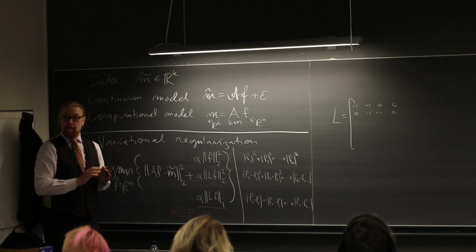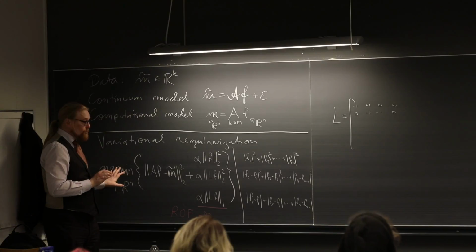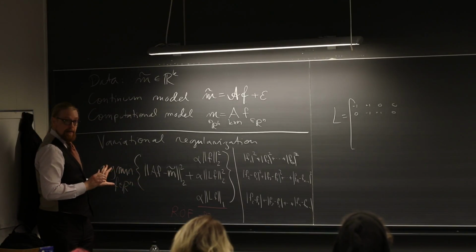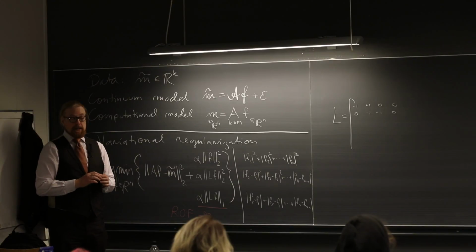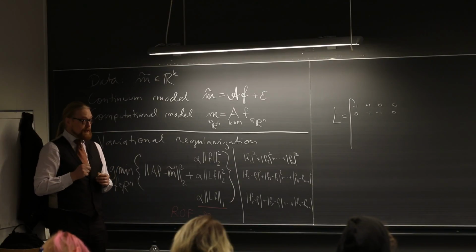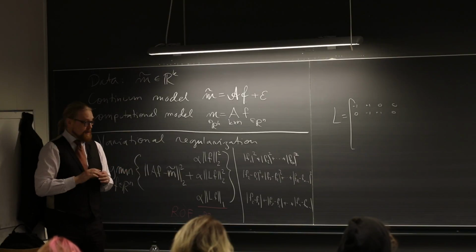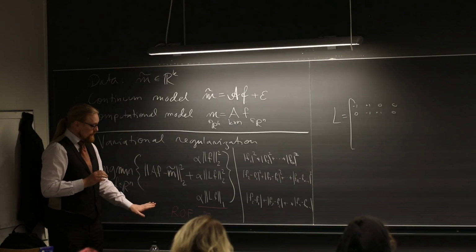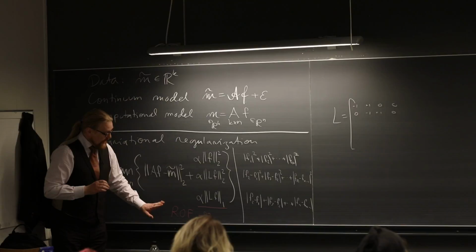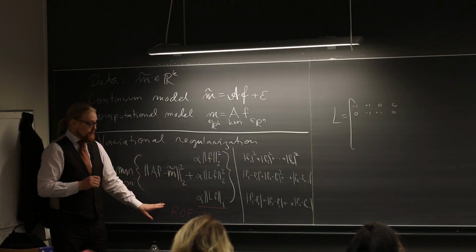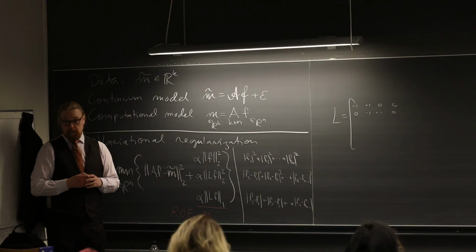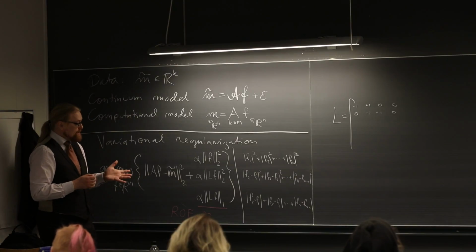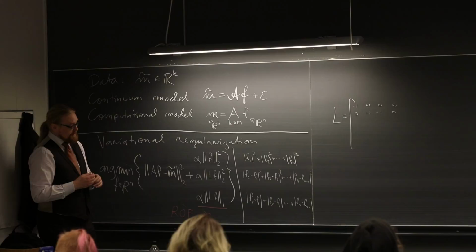Many papers have been published about how to best compute such a minimizing element, the regularized solution. There are many approaches to that. We will be taking a look at 2 approaches in this course, but there are many more. It's really a very active industry building good, effective computational methods for minimizing this. Also, it has been generalized in many ways.